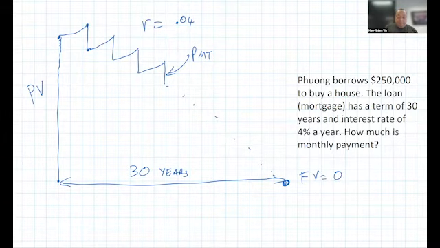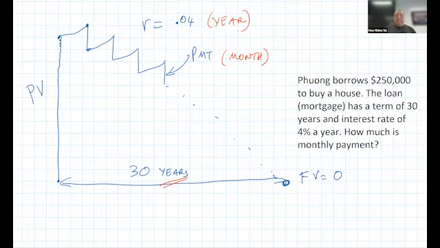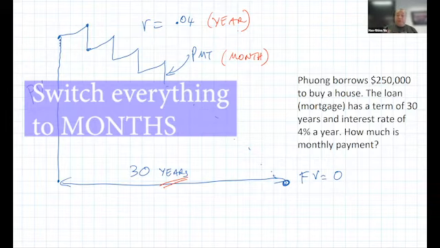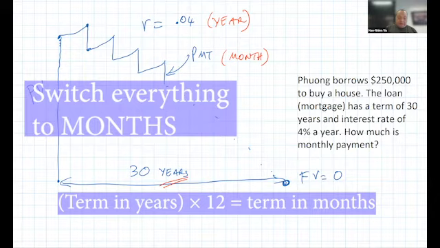We have a mismatch in units. The payments are per month. The term is in years, and the interest rate is also in terms of years. So we need to switch everything to months. Well, 30 years means it's 30 times 12, or 360 months.